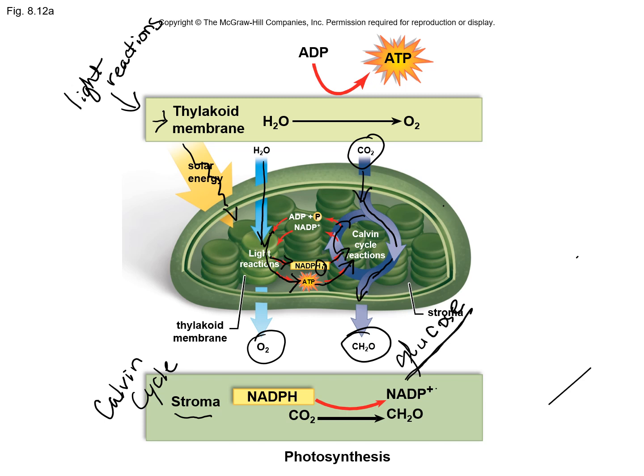That ends up forming our basis for glucose. Then that NADP escort is just recycled and reused in the light reaction, and the ADP plus P is also reused. When the next molecule of water comes through, that ATP can be formed again.